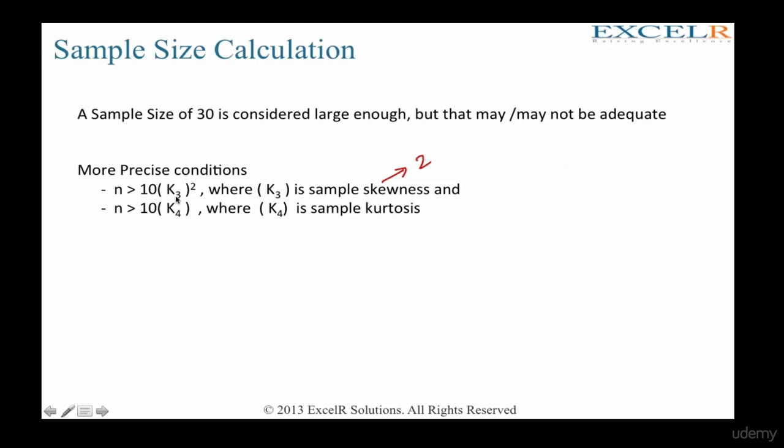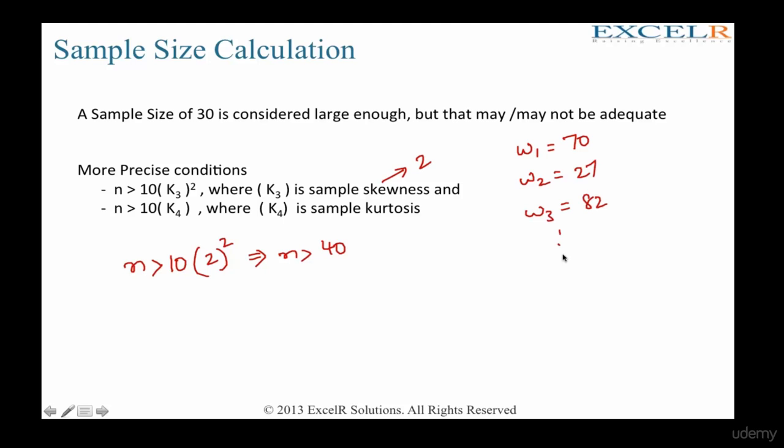All you do is you substitute in this equation, which is n greater than 10 times skewness square, which is 2 square, which implies n should be greater than 40. So the next time you collect the data of 40 individuals, say weight of first person is 70 kgs, second person is 27, third person's weight is 82, so on and so forth.